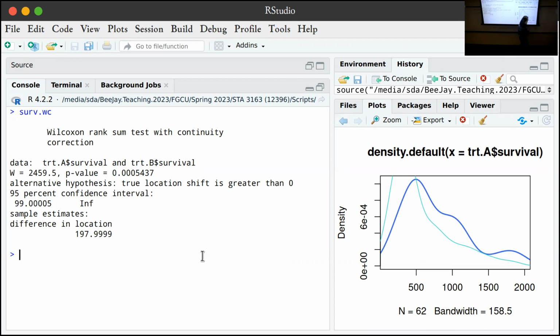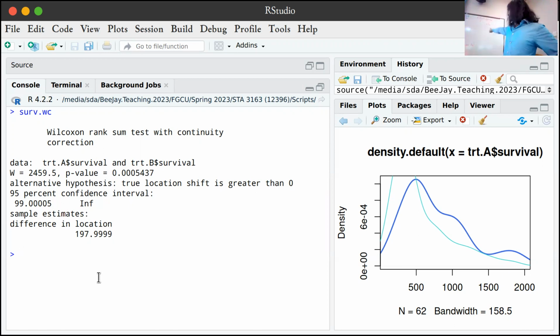So, even though you have it listed as W, it is U. It is not giving us W. So if we want to find the true W, we must add the term n1 times n1 plus 1 divided by 2. Agreed? That's why you wanted that right there. Very good, Phoebe. That's why I wanted that term, 1770.